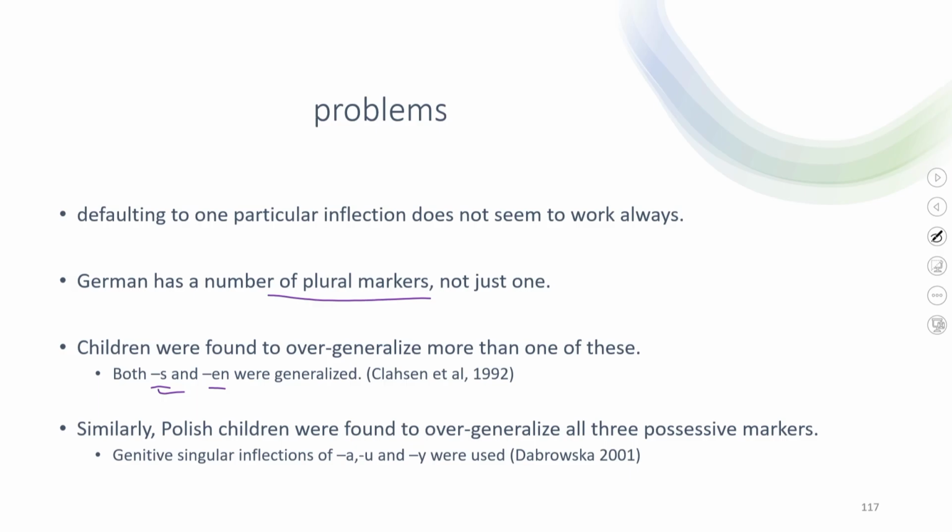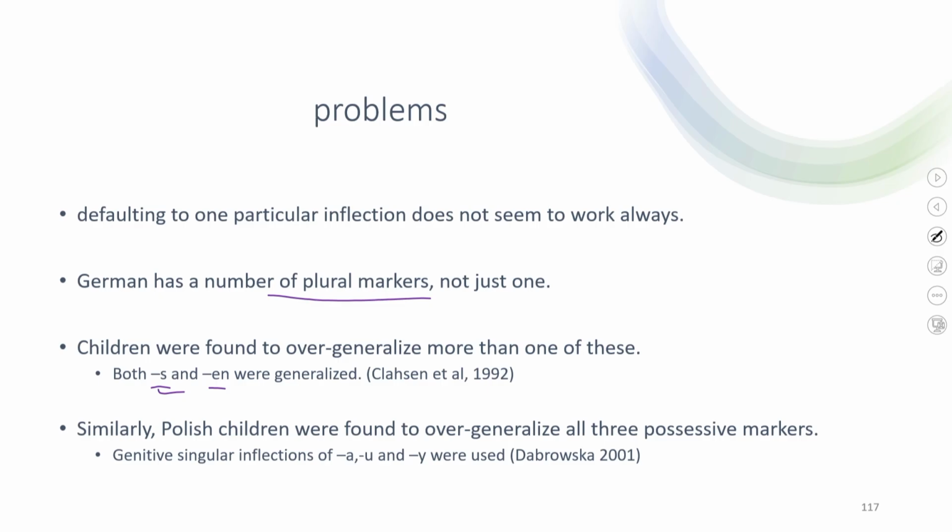And the s marker is not even the majority marker. So, the theory does not seem to quite answer for this, because there is more than one marker and the theory does not say which marker would be preferred as the default marker till the irregular forms are learned. So, this is one case from German.